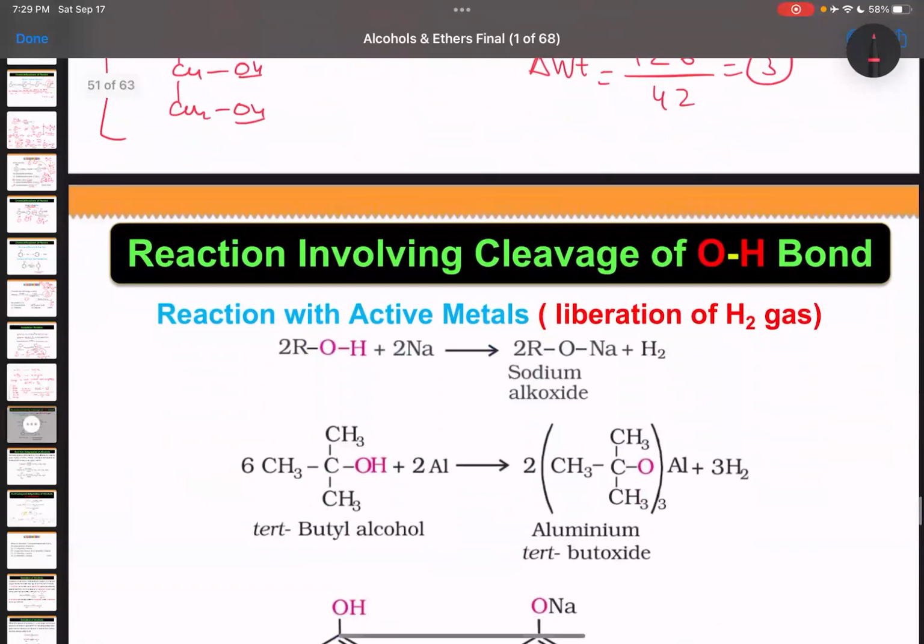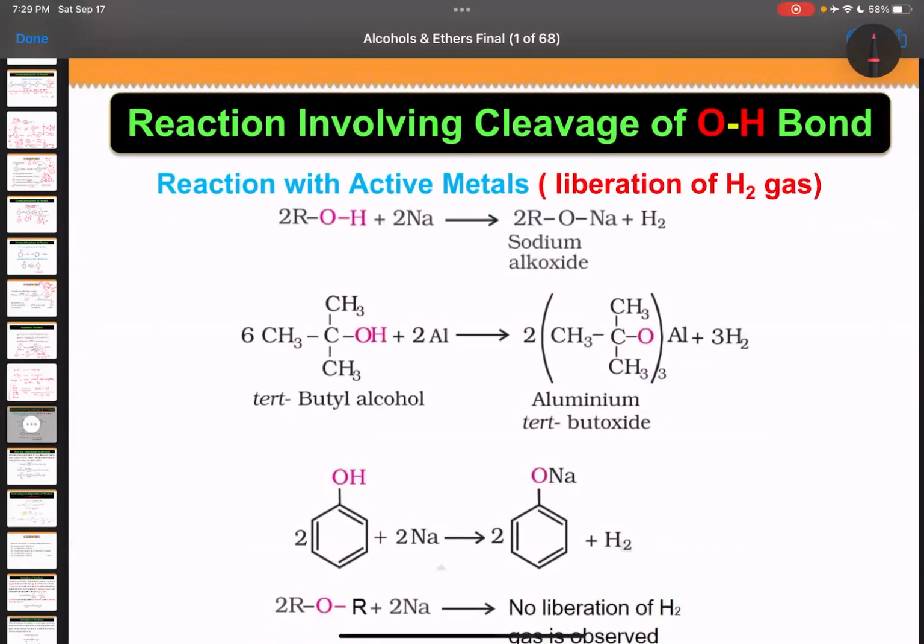So now the next thing is reactions related to active hydrogen, meaning acidic hydrogen. Alcohols are not that acidic. And just now we have seen that primary alcohols, I should not say that they are acidic like HCl, but out of all the types of alcohol, primary can give H plus more easily.